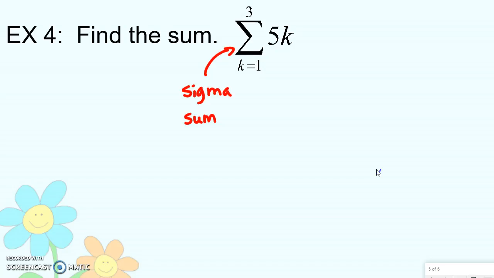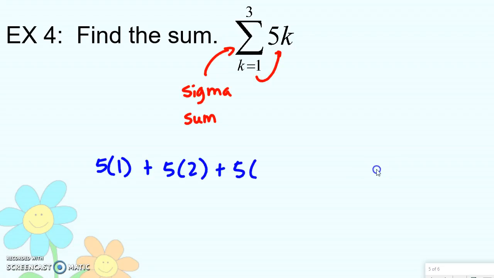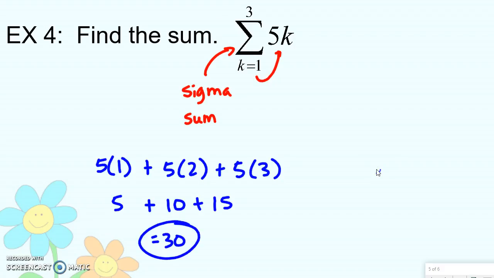So I'm going to use the numbers 1, 2, 3 for K. So I'm going to use 5 times 1, plus 5 times 2, plus 5 times 3. So 5 plus 10 plus 15, and that gives me 30. When you're doing the summation, you're going to get one number as your answer because you're adding all the terms together.